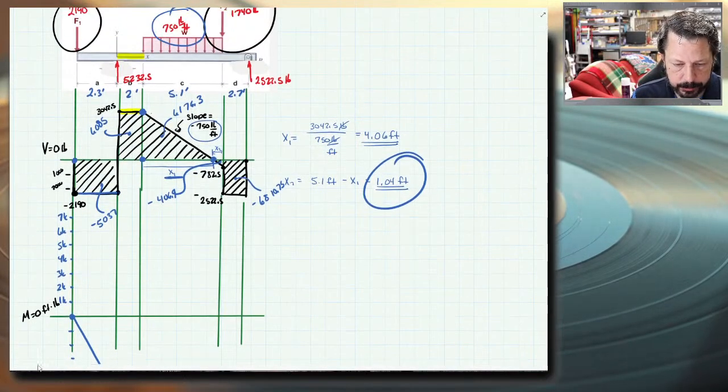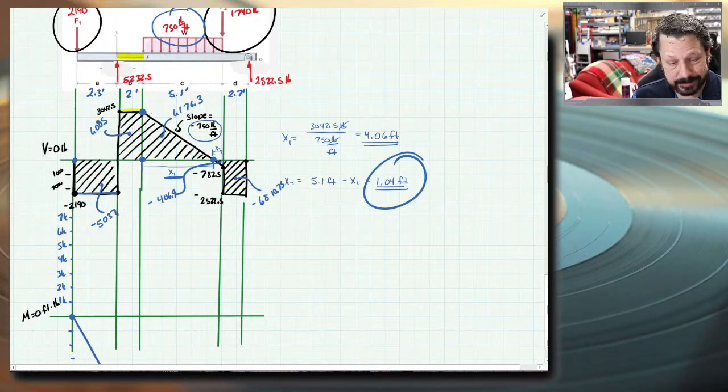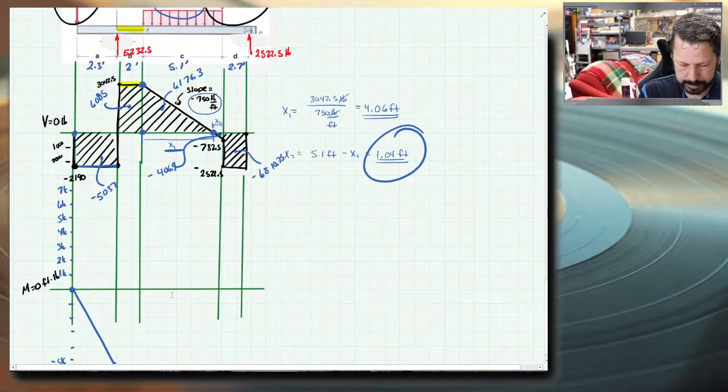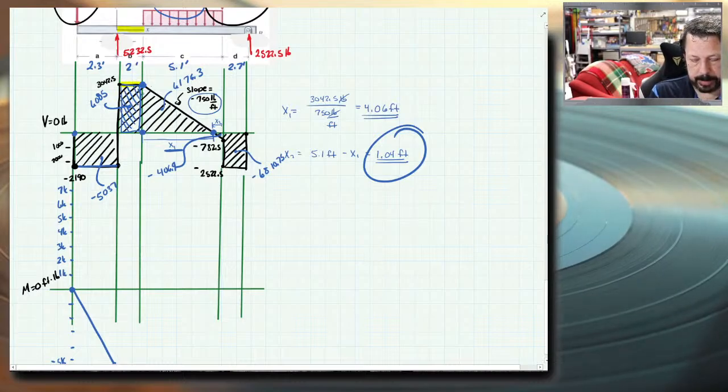Then I have this weird, immediate shift to a positive. So over the next 2 feet, I gain, so let's put this in my calculator. I'm at negative 5,037 currently. I'm going to gain the area of this triangle. So plus 6,085. I'm at 1,048.